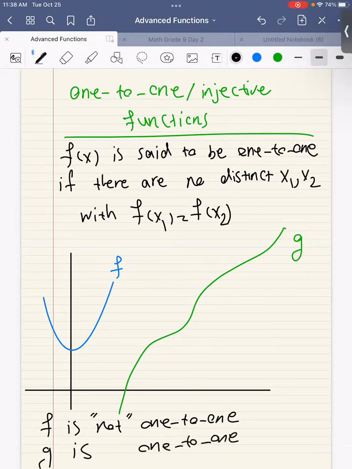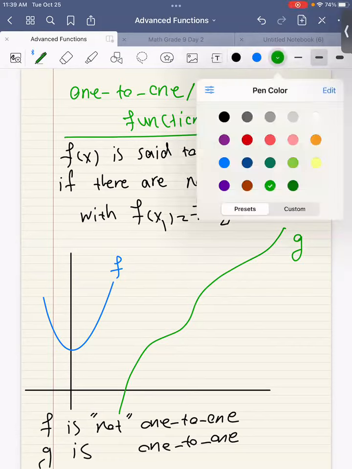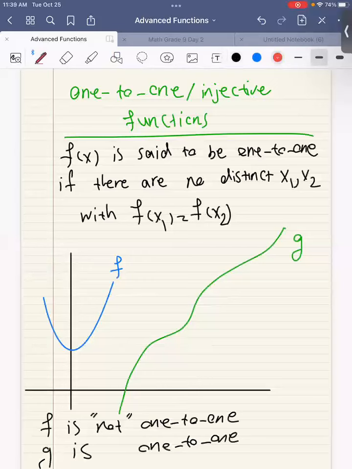And how can you tell? One way, as you see in this picture, for F, look at these two points on the graph of F. They have two different x, but equal y.